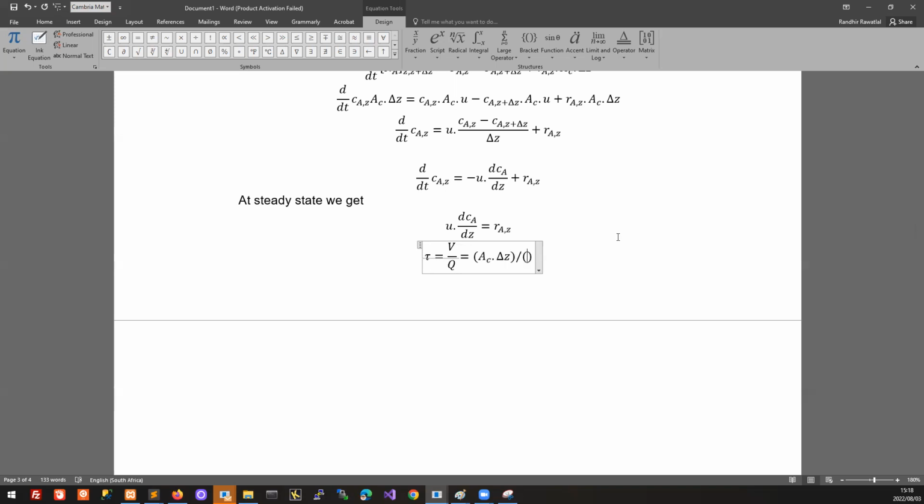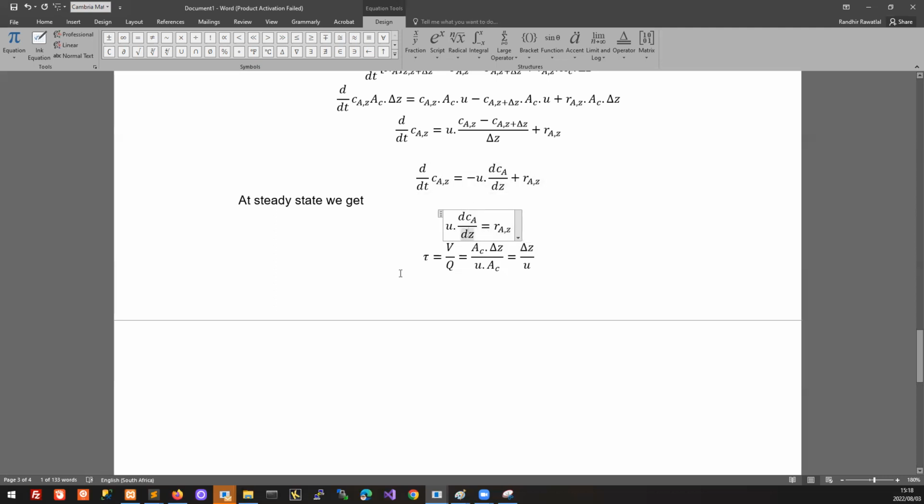And then the volumetric flow rate through the tube is going to be the velocity times the area, AC. And so the ACs can cancel, leaving us with delta Z over U. So you can see your space-time does relate to distance and velocity like this. And you can check the units. That's meters per second. So meters over meters per second is seconds. So that's like a time-like variable again.